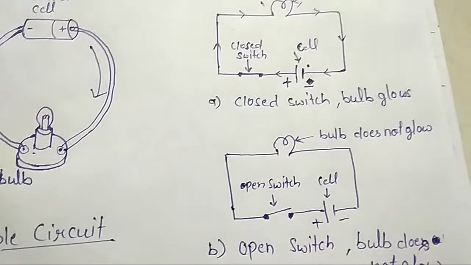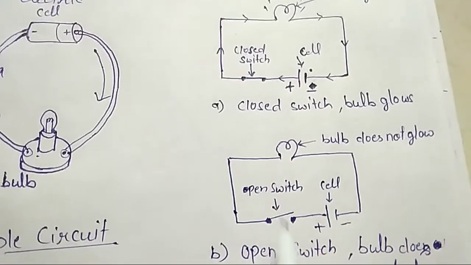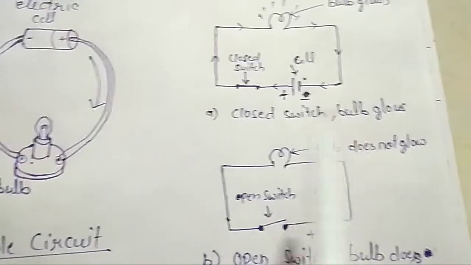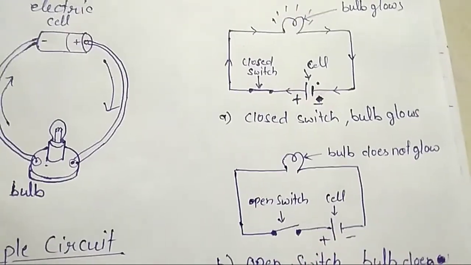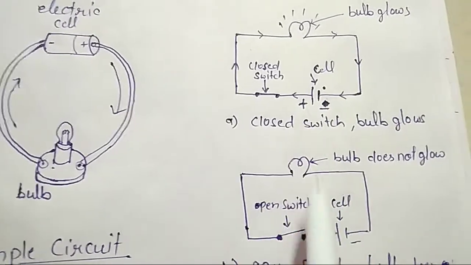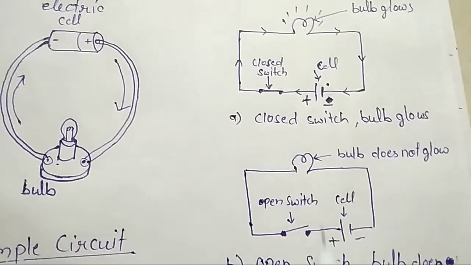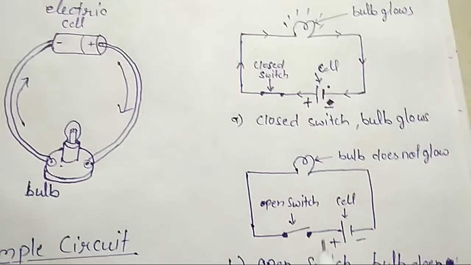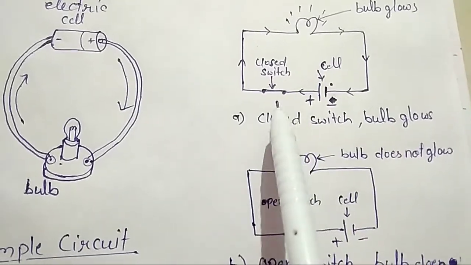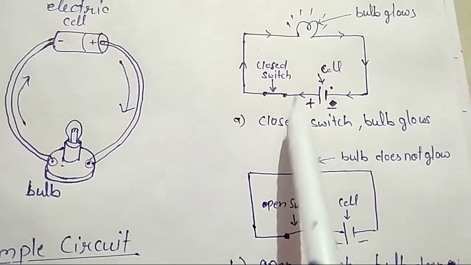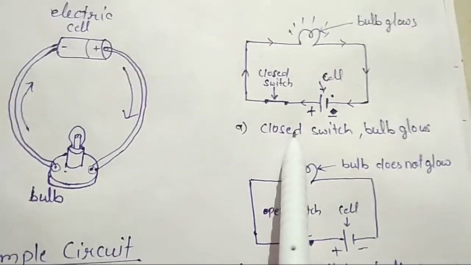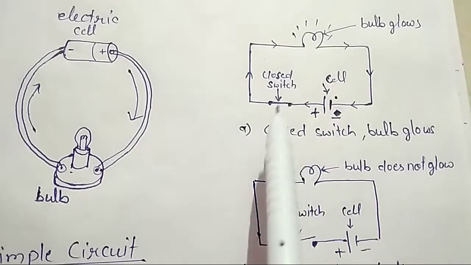This is known as an open switch, or we can say this is an open circuit also. This is a closed circuit and this is an open circuit. These are two circuit diagrams. So we can say electricity will not flow in an open circuit and electricity flows in closed circuits. Means to make current flow, the circuit should be closed and the switch should be on.